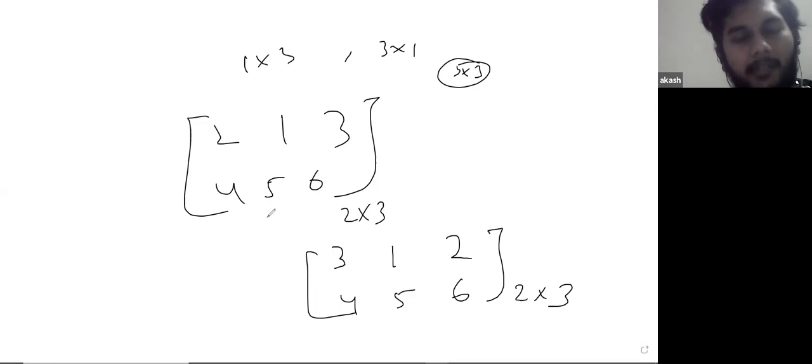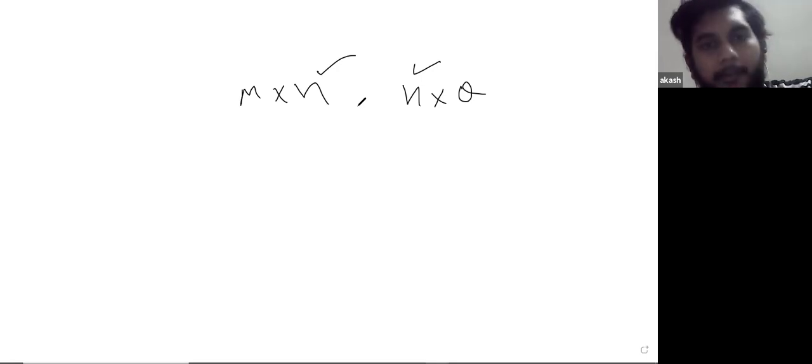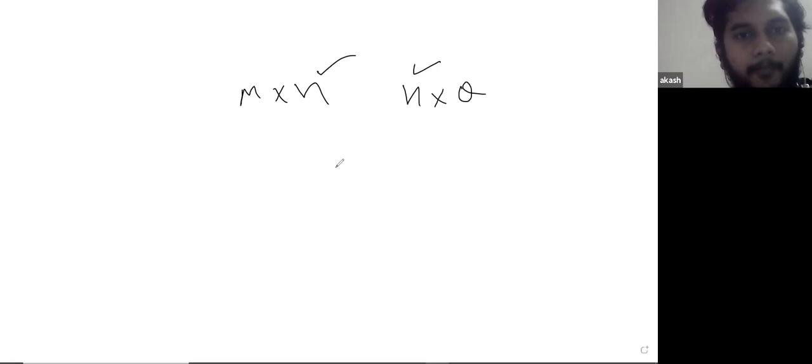To multiply two matrices, see, if the first matrix has an order of m cross n, then the second matrix has to have the order of n cross q. These have to be the same for the multiplication to be qualified, right?